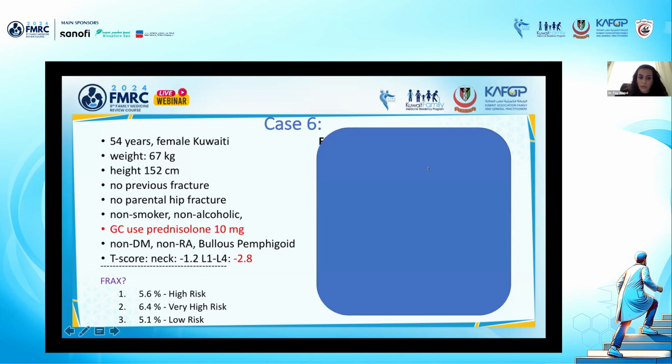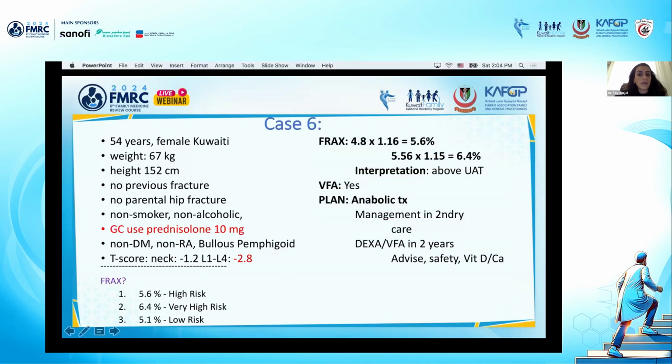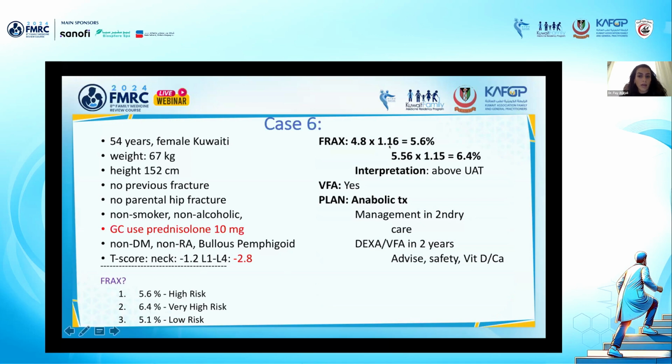And I'll show you. So there are 2, so the first correction is for the discordance between the lumbar spine and the neck. So if you can see, there's a discordance between them of 1.6. So this is 1.16. So the FRAX that you got, you will multiply by 1.16, and then you will get a FRAX score.